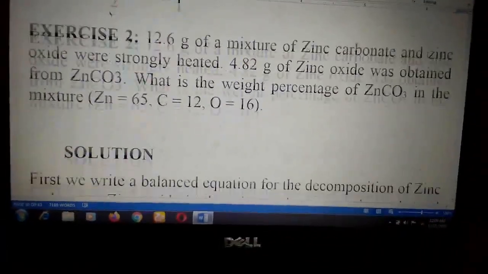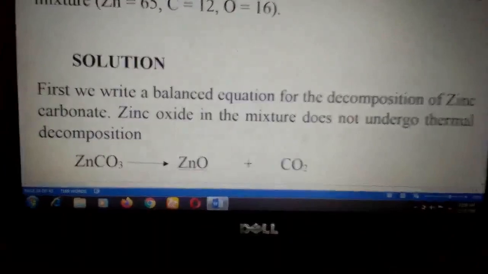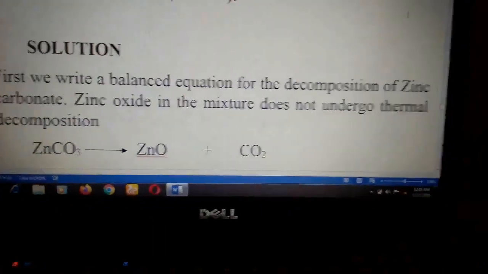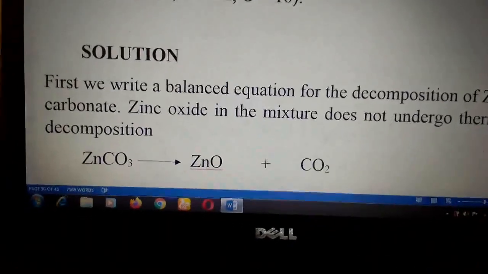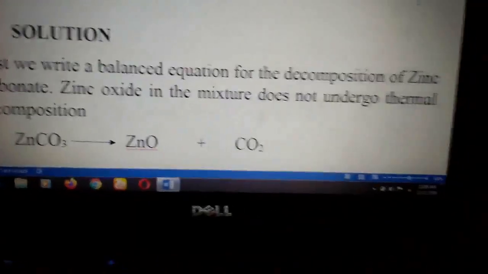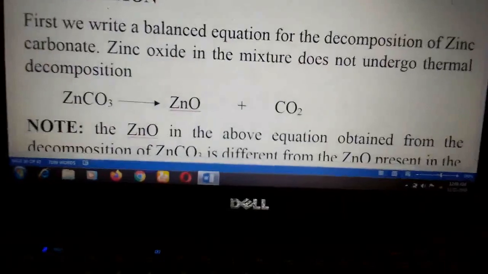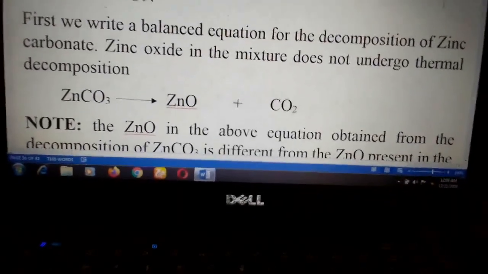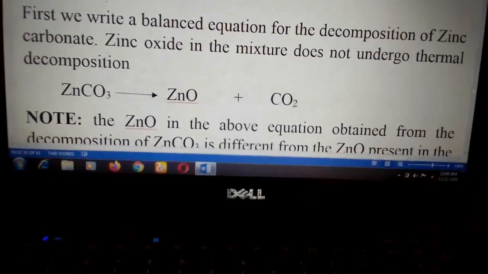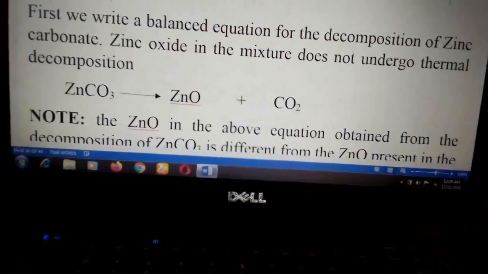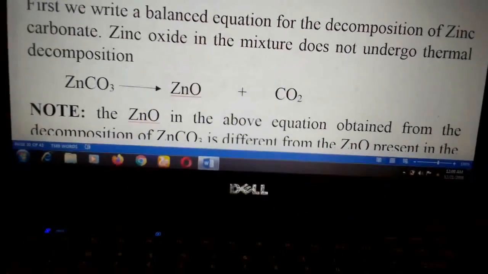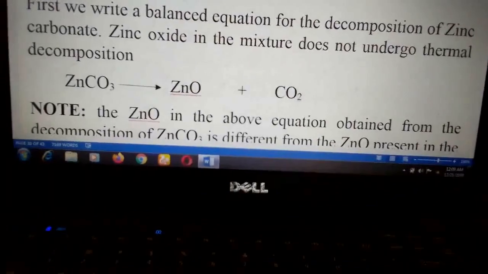So we go to the solution to the question. First, we write a balanced equation for the decomposition of zinc carbonate. Zinc oxide in the mixture does not undergo thermal decomposition as we mentioned. So in this mixture, only one of the substances undergoes reaction. That is zinc carbonate breaks down to zinc oxide, which gave us 4.82 grams of zinc oxide, and then CO2.